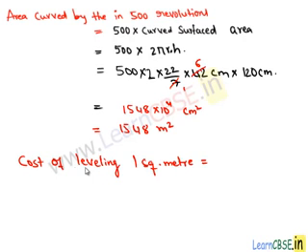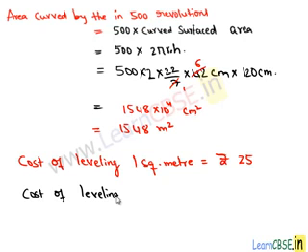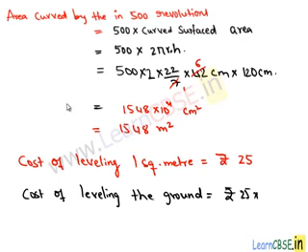We have the cost of leveling 1 square meter is 25 rupees. Now we find the cost of leveling the ground. Here it is equal to 25 rupees into the total surface area covered by the roller, which is 1548 meter square, and it is equal to 39,600. And this completes our solution.